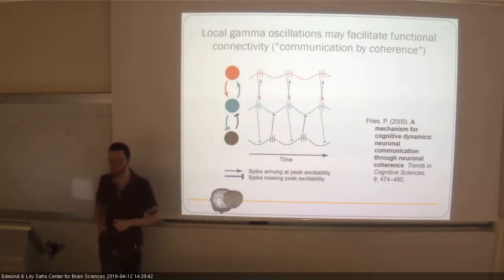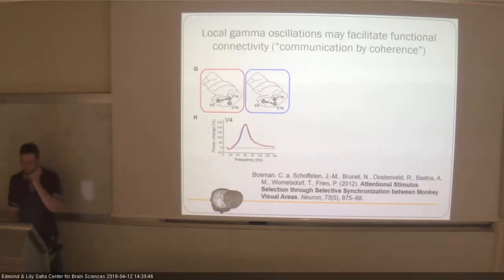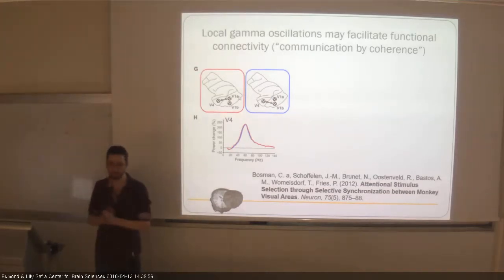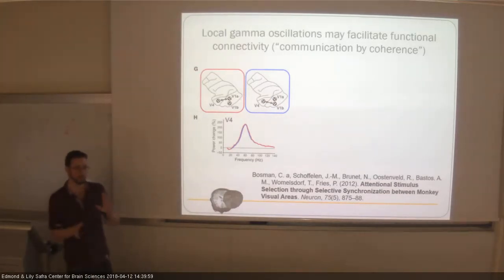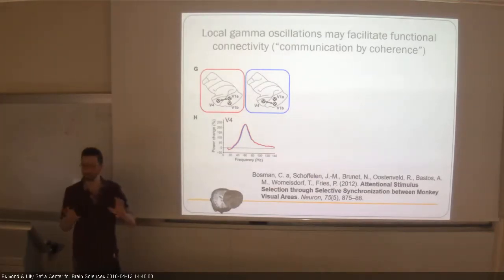Okay, so this is the theory, and it was demonstrated pretty nicely in 2012 by the group of Pascal Fries when they recorded from the visual cortex of monkeys that had two stimuli that correspond to different receptive fields in V1.